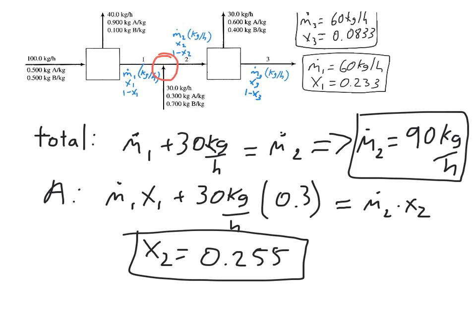And just to recap, we did some degrees of freedom analysis around different parts of this. A big part of it was drawing our imaginary boundaries around different parts of this multi-unit process in order to identify material balances.